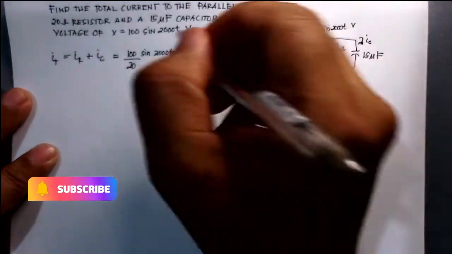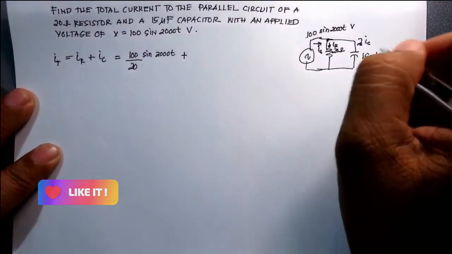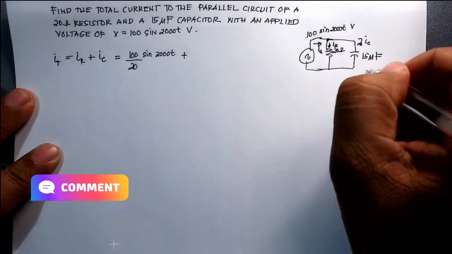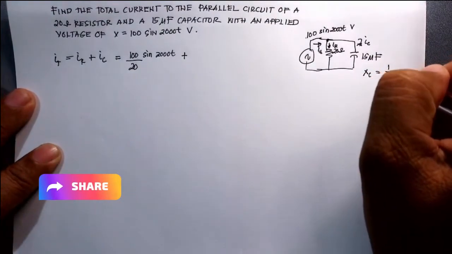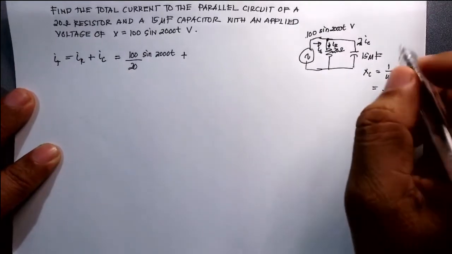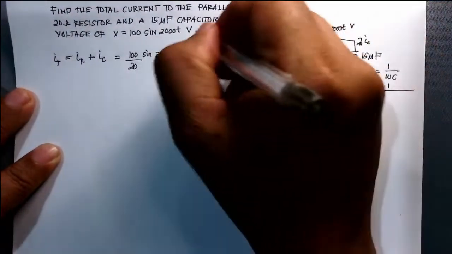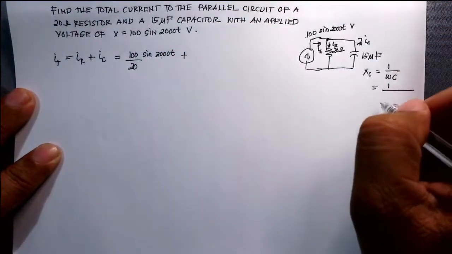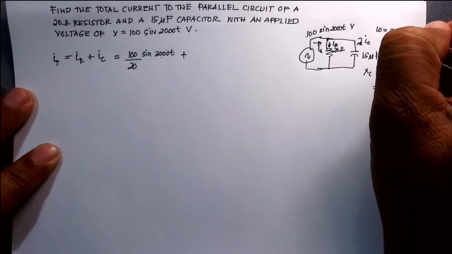plus, you have to convert this to X sub C, and X sub C is actually 1 over omega C. Okay, so what is your omega? Our omega is actually 2000. So we know that our omega here is 2000.